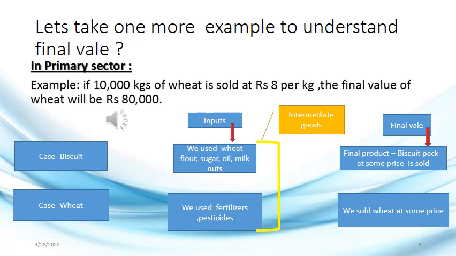There is also a biscuit example given in your textbook. What is GDP? GDP stands for the final value only of goods or services produced in the 3 sectors. Is it clear? With this clarification, please check the next slide for 1 or 2 questions, work them out, and if you have any doubts, please clarify with me, right?